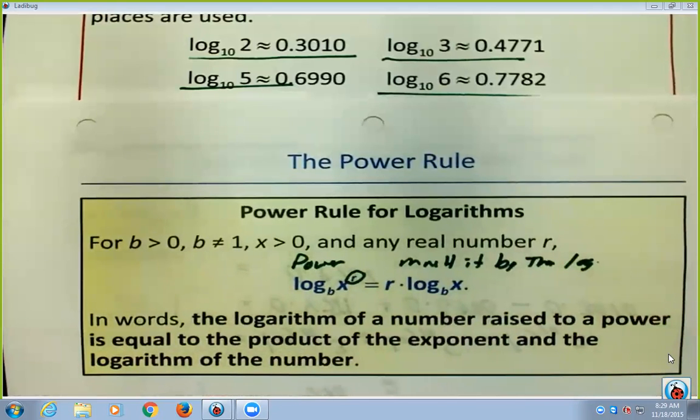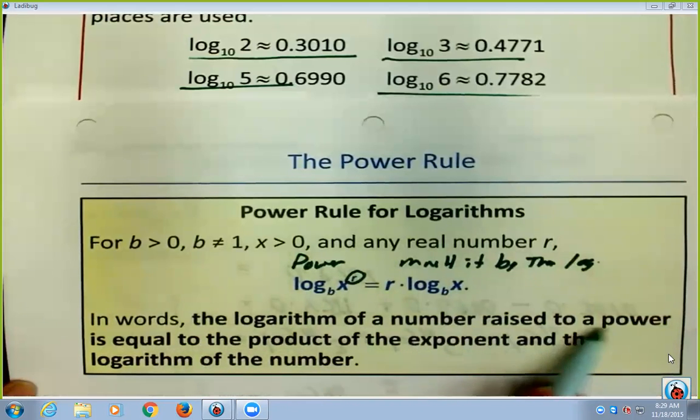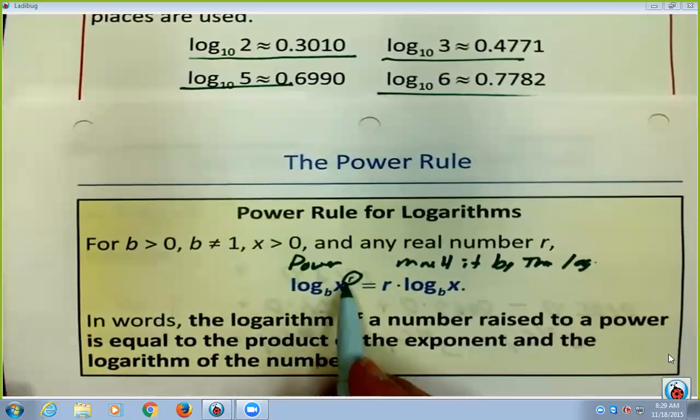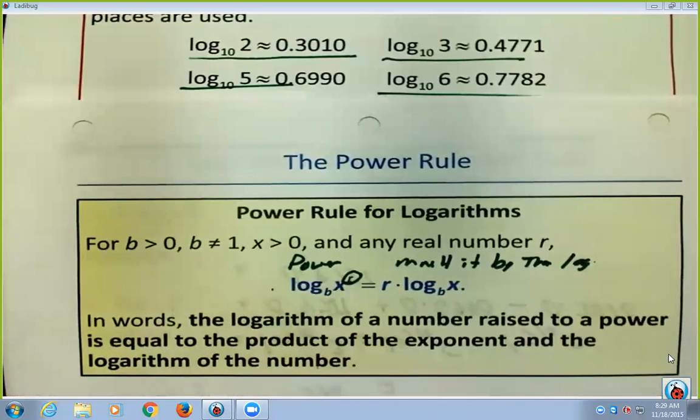Multiply it by the log. So that's what's going to happen with this one. So the logarithm of a number raised to a power is equal to the product of the exponent and the logarithm. So that's a little fancier than what I was saying, but it still ends up doing the exact same thing. So if you got a power here, bring it to the front and you're good to go.